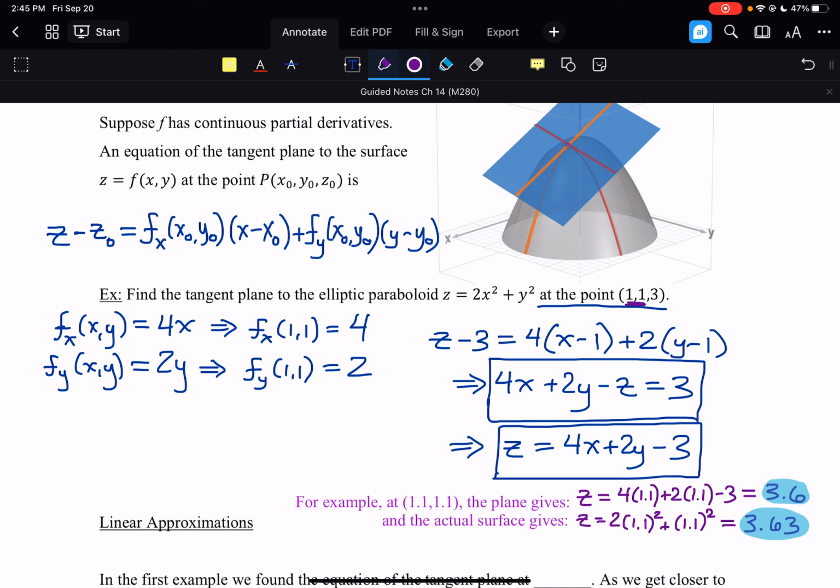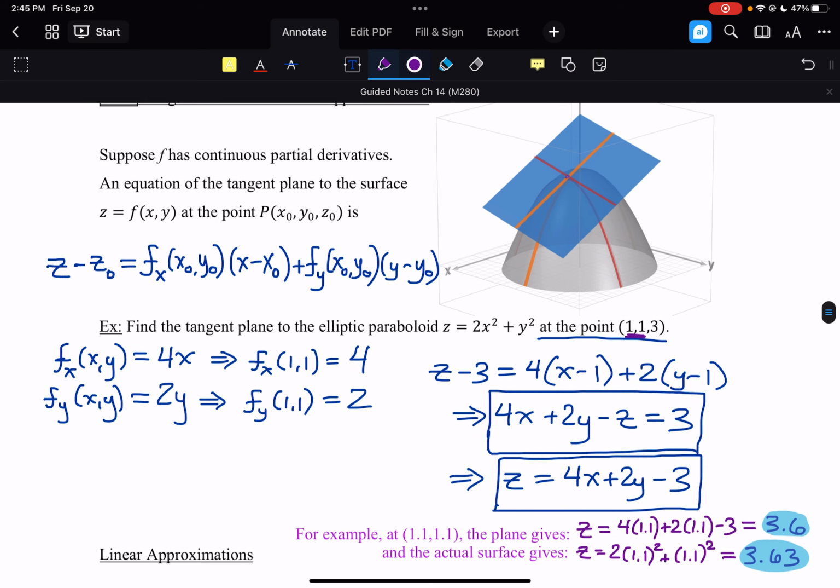So we'll see that, as long as we stay close enough to this starting point, the one that went into our equation, we can get pretty good approximations of surface values using a tangent plane. Of course, if we move too far away, like if I want to estimate a point over here with this tangent plane, that's not a good idea.